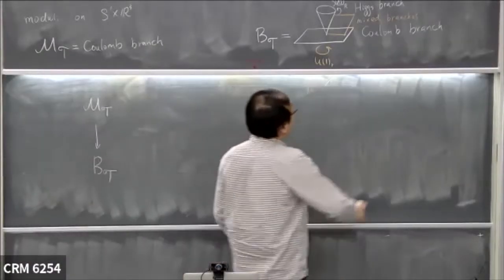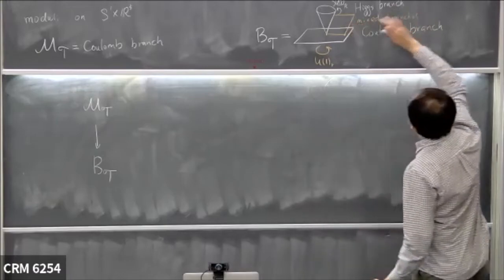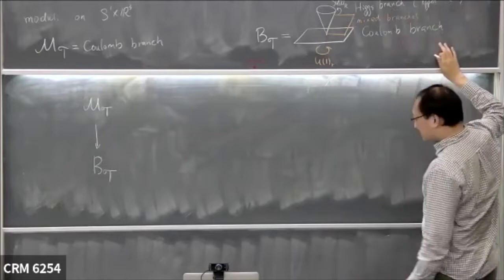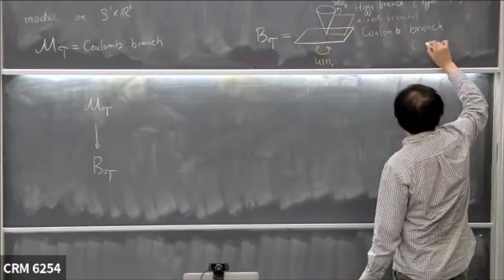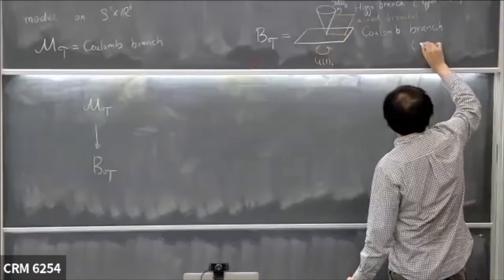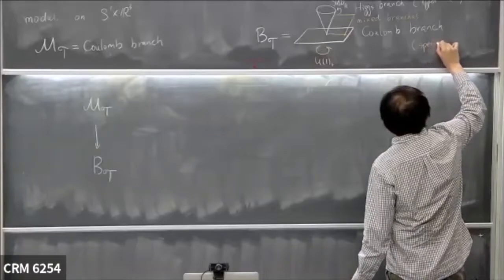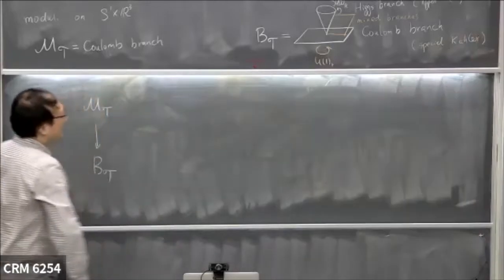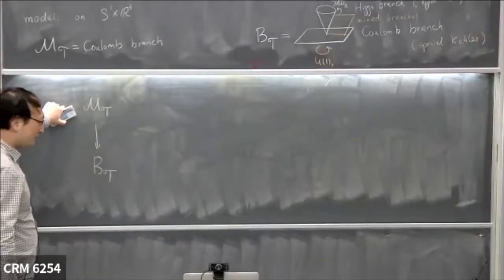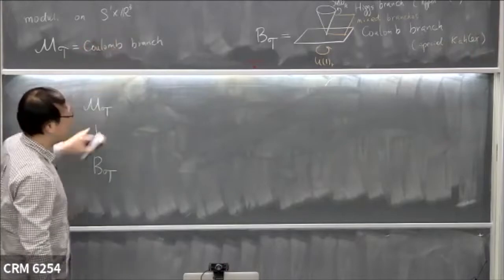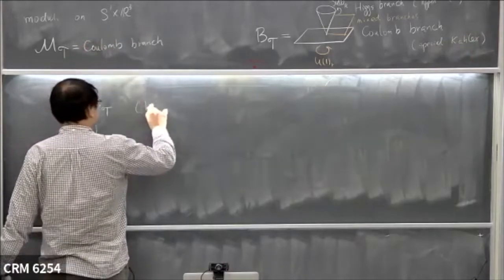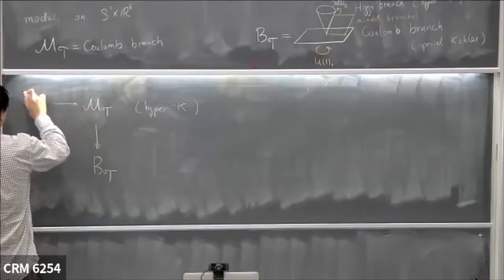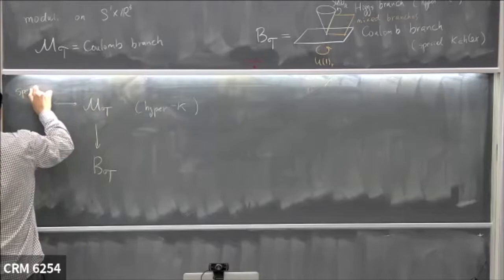The Higgs branch in 4 dimensions is expected to be hyperkähler. The Coulomb branch is expected to be only Kähler, but with some special property. So it's special Kähler in a precise sense. But then the Coulomb branch in 3 dimensions, or on S1 times R3, is again hyperkähler. And then the fibers are special Lagrangian tori.